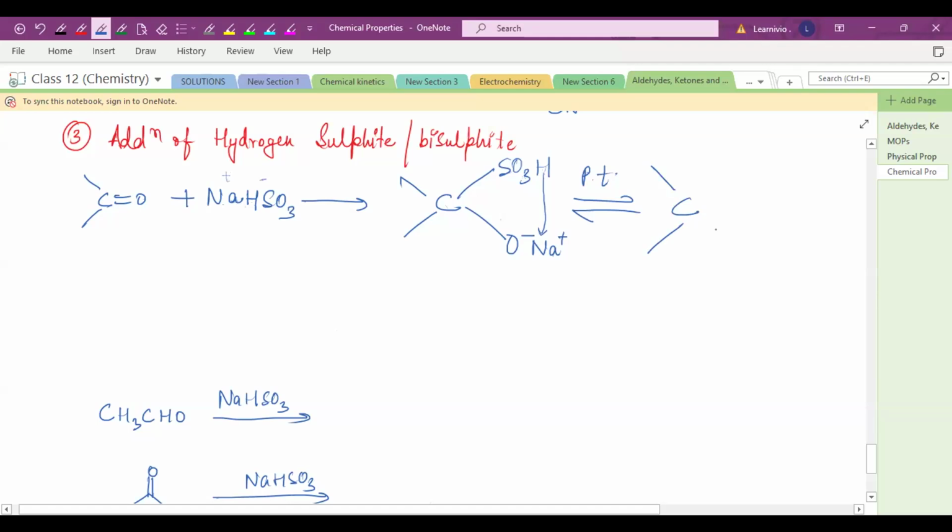So when it transfers over here, you will get OH finally, and here you will get SO3. What will the charges be? Na will get a positive charge and SO3 will get a negative charge. So that is your final product, the bisulfite addition product.